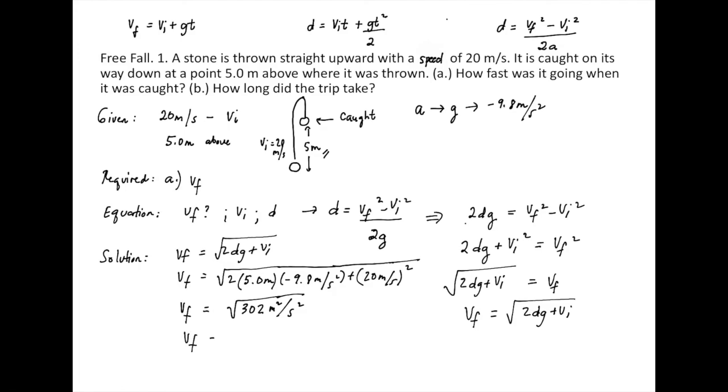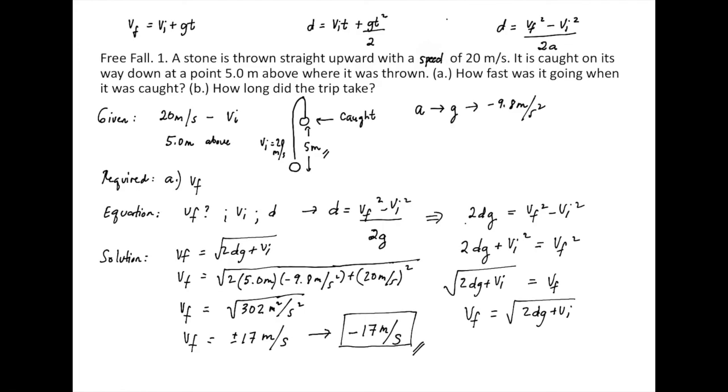Therefore the value of VF is around plus or minus 17 meters per second. Since the motion is downward, we take the negative sign, which is negative 17 meters per second. So we have our answer for letter A.